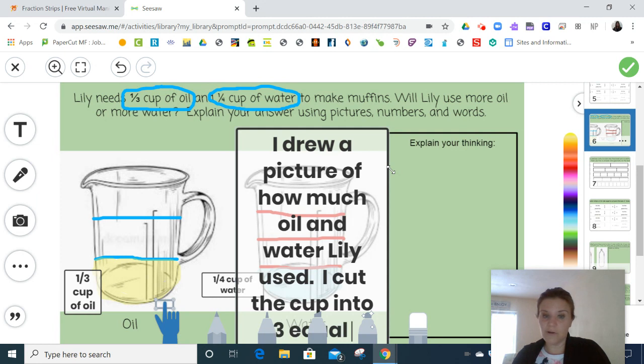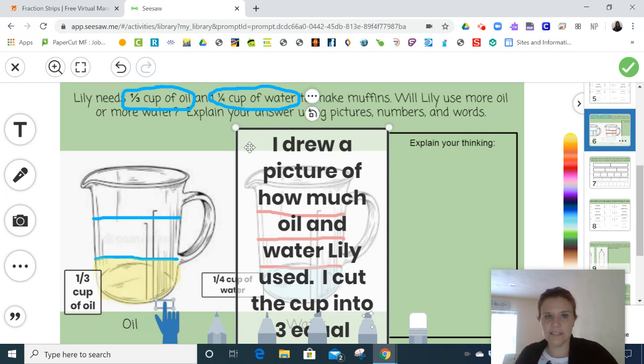Remember to use that word equal because that's what fractions are. For the oil and 4 equal parts for the water. I colored them in and I could see that she used more oil than water.